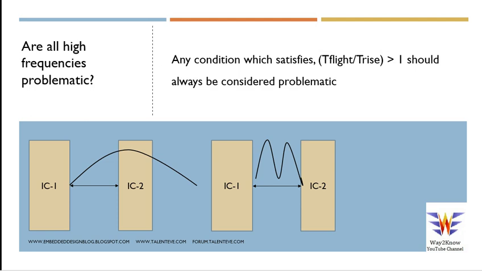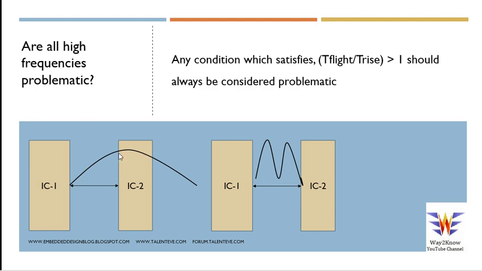Now we are saying 30 megahertz is a high speed signal, and it could cause problems in your design if you don't take care of them properly. So are all high speed signals problematic? That's the next question that comes to our mind. Not all signals are problematic.